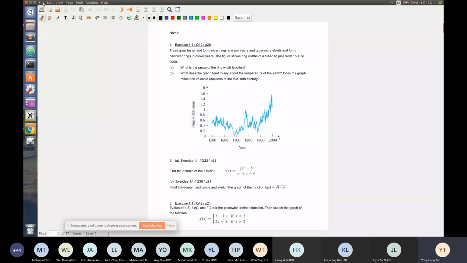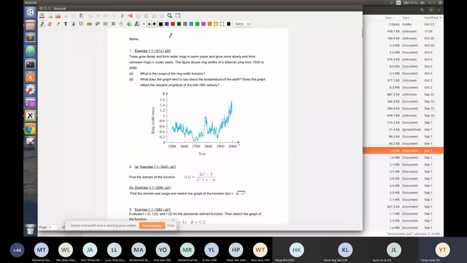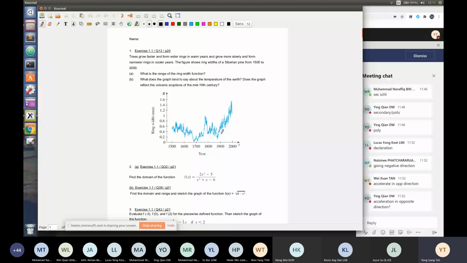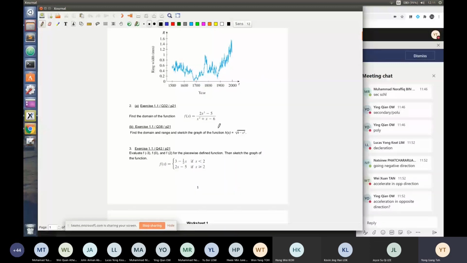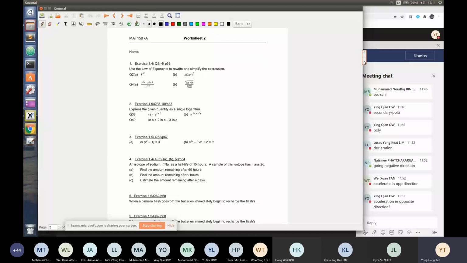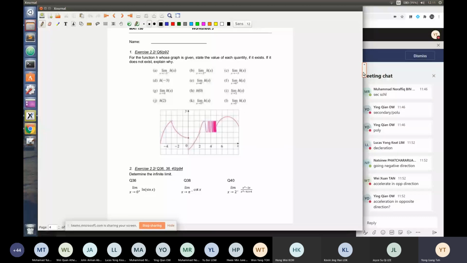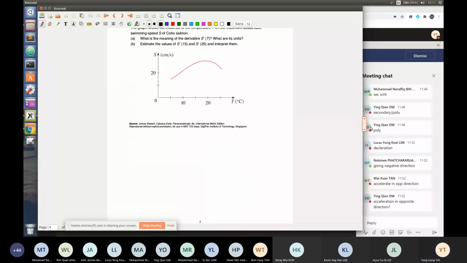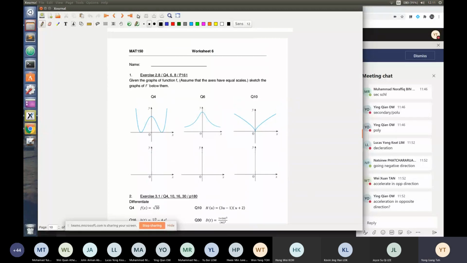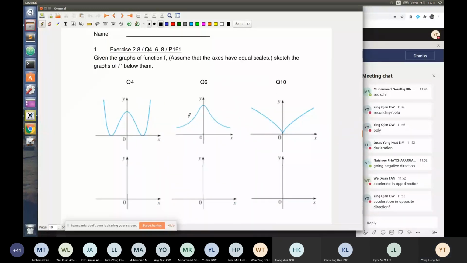So let's look at worksheet 6, and go through maybe some of the questions for further practice.